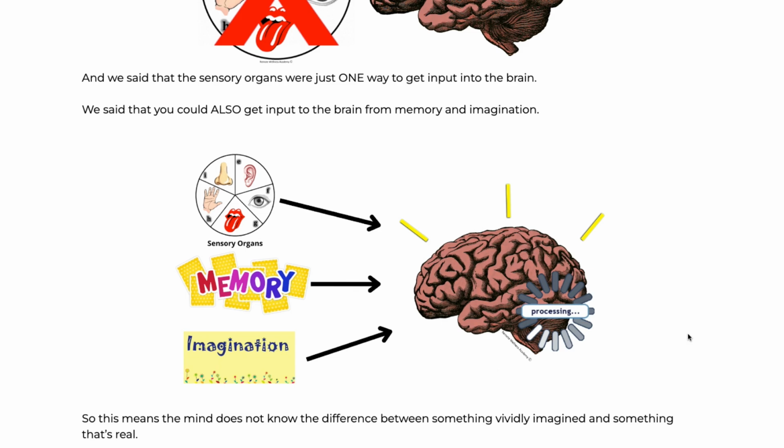But to your body and your mind, it feels like it actually is there. Regardless of whether you're actually feeling, seeing, touching, or smelling something, just because you vividly imagine it to be there, your brain does not know the difference. So what we're saying is that the mind doesn't know the difference between something vividly imagined and something real.